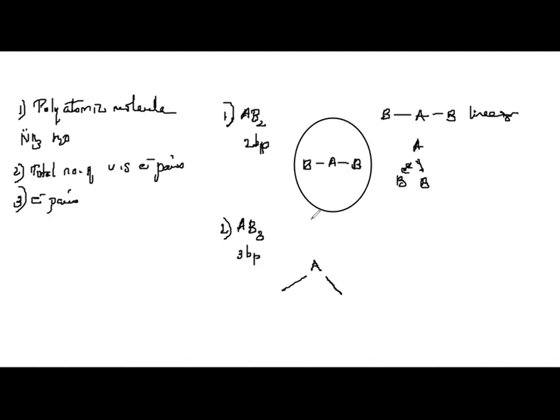So this is how they will arrange, at maximum distance away from each other, all the 3 atoms. I cannot put 2 bonds like this and 1 bond nearer. So what does the shape come out to be? The shape comes out to be trigonal if the molecule is of type AB3 with 3 bond pairs.